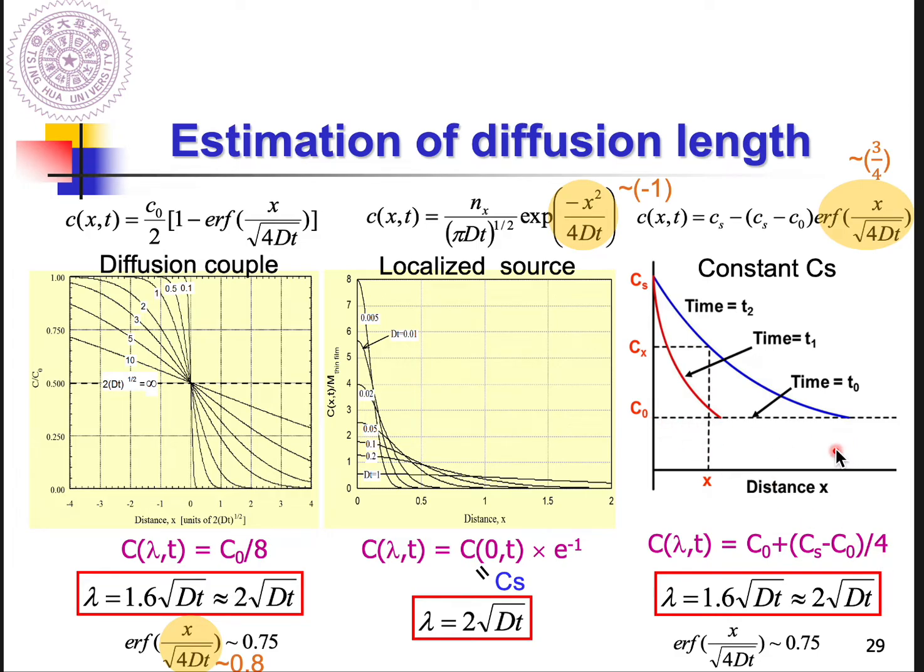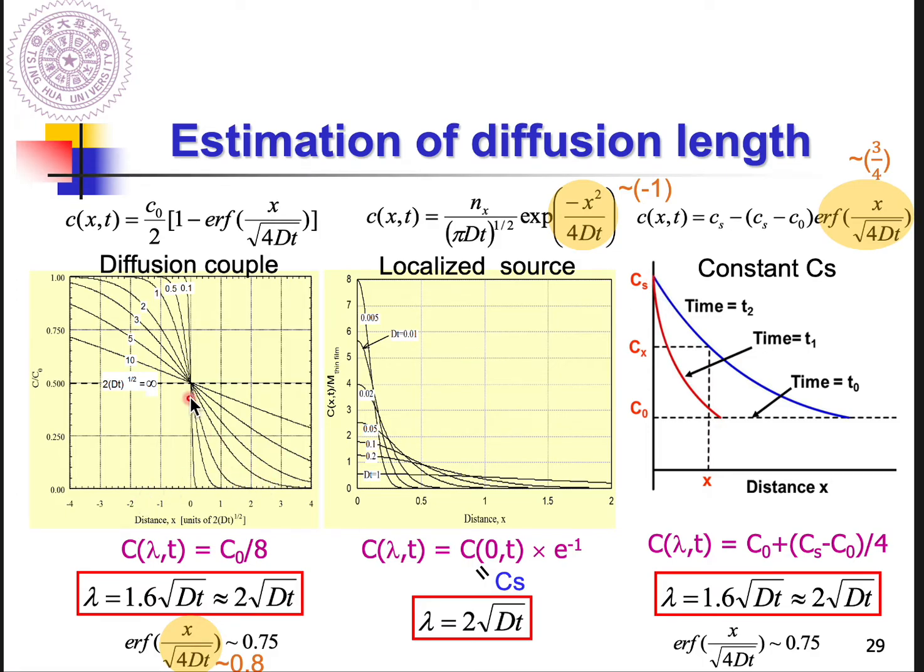Because CS does not change with time, and this point in the diffusion couple also does not change with time, so this is CS over 4. And the CS here is 1/2 of C0, so it's quite similar, right?